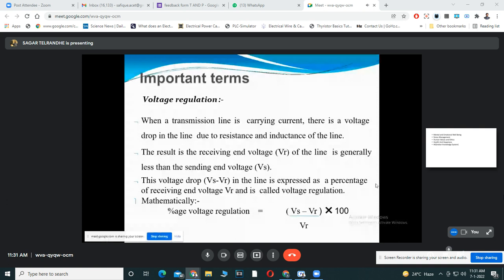That means it tells us the fluctuation of voltage in the transmission line from the sending end to the receiving end. Thus, the percentage voltage regulation helps us find the percentage of voltage fluctuation from the sending end to the receiving end.